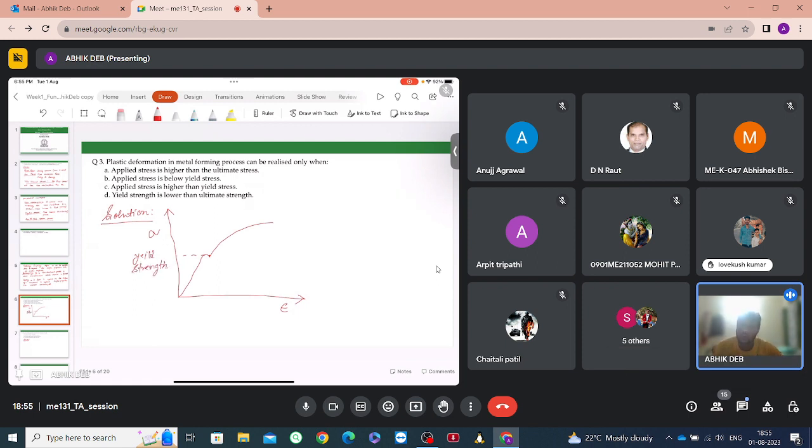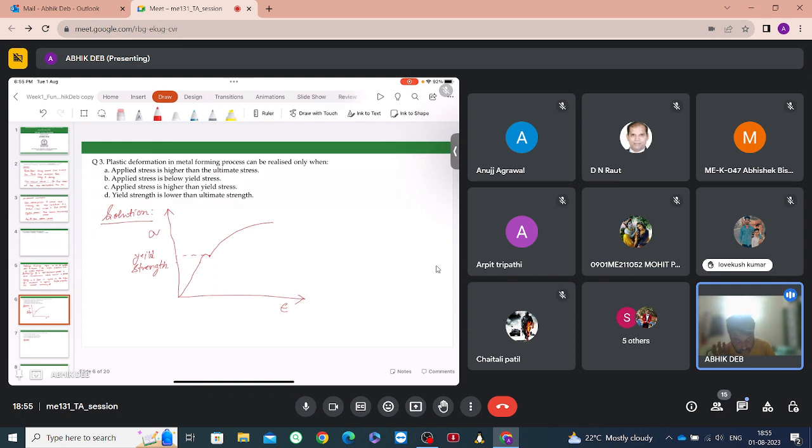If we apply any stress below this and then withdraw the stress, the material or the component will revert back to its original shape. That is the elastic limit.